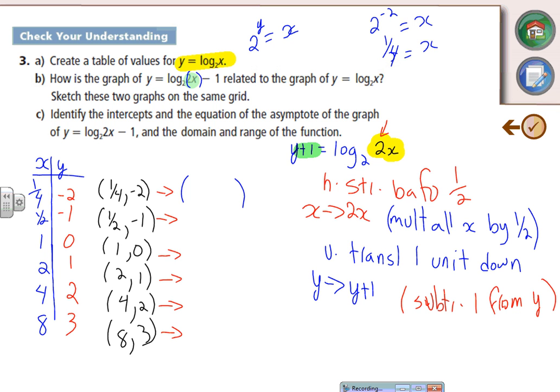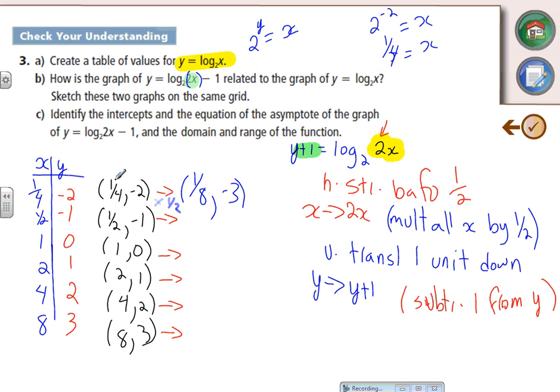So to the x, we're going to multiply by 1/2. That's going to give us 1/8. To the y, we're going to subtract 1. So that means we are now at negative 3. 1/8, negative 3. We've got the same thing. To the 1/2 on the next one, we're going to multiply by 1/2.